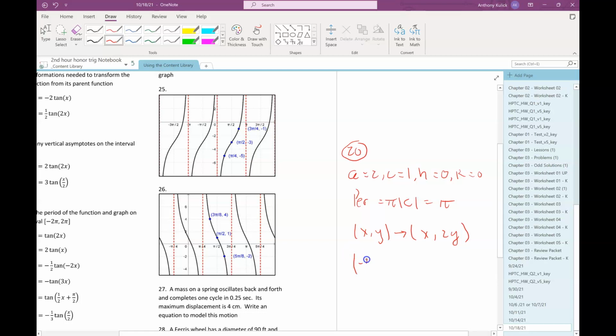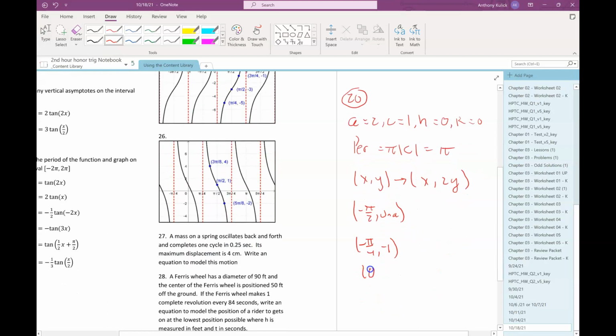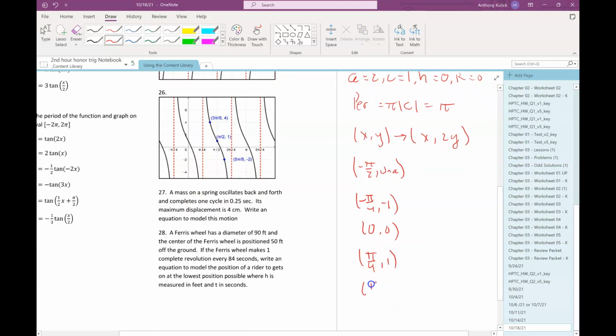And then we'll just take our key points for tangent and perform the transformation on them. So the x's are not changing. Anything that you do to undefined stays undefined. The y's, though, are multiplied by 2 otherwise.